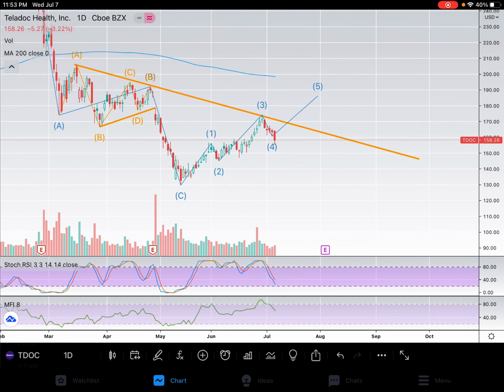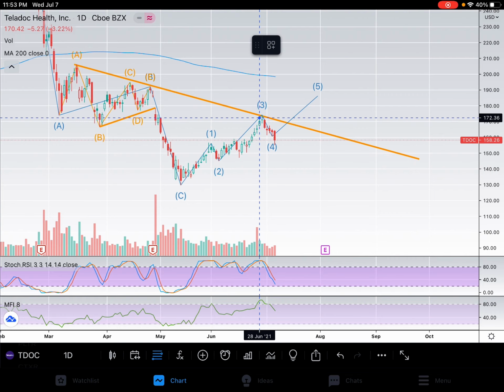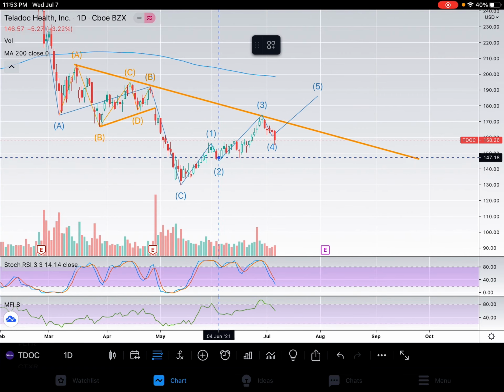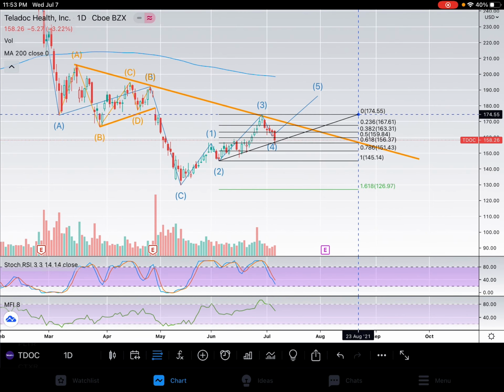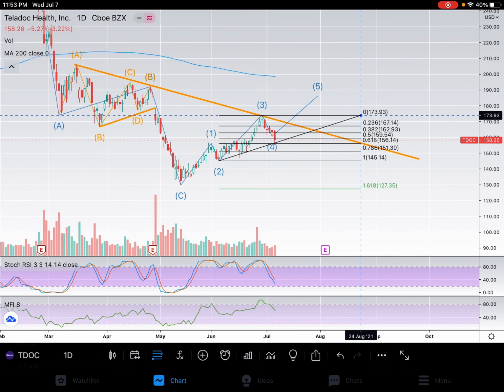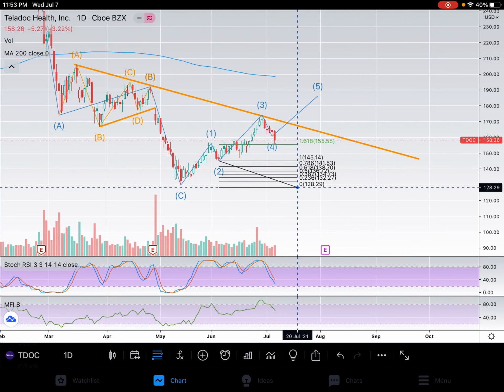Let me look at the fib retracement for this wave 3. So wave 3, start wave 2, boom. So let's see, it bounced right off the golden fib, 0.618, and that's a perfect retracement level.